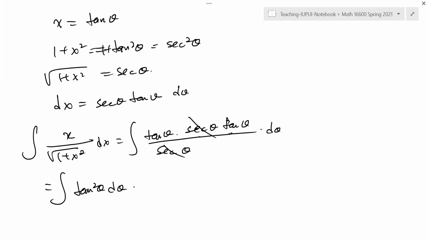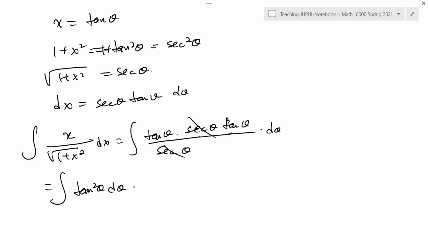Maybe you modify this function. Sometimes you're given the integral of tangent square theta to evaluate, then you have to solve this integral. But our goal is to evaluate this integral, x over the square root of 1 plus x squared. Now we made it harder, even harder, right?